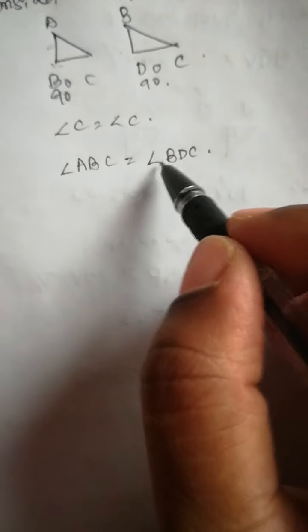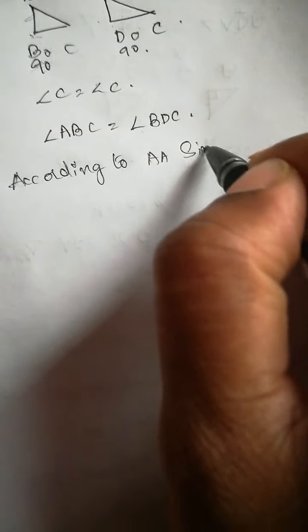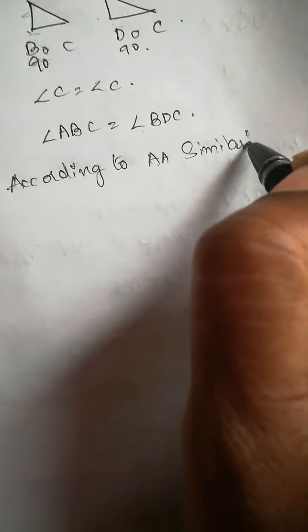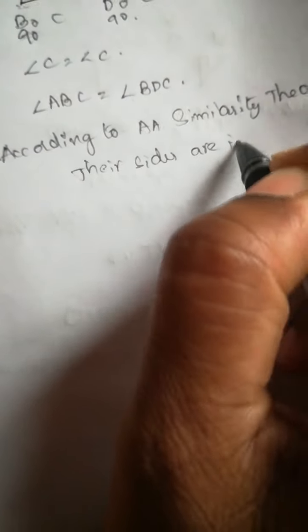So two angles are equal in two triangles, means according to the angle similarity theorem, their sides are in ratio.